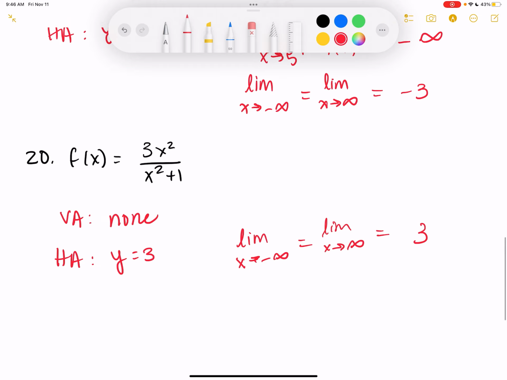All right. Numbers 23 through 30, I'm modifying it a little bit in that you're not graphing. I only want asymptotes and intercepts.